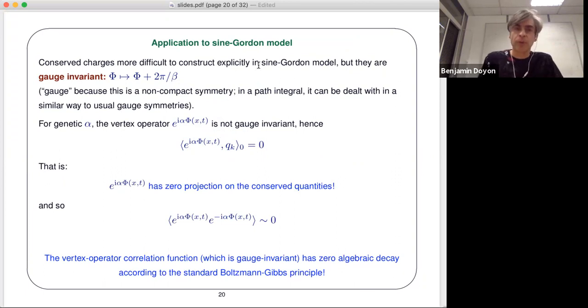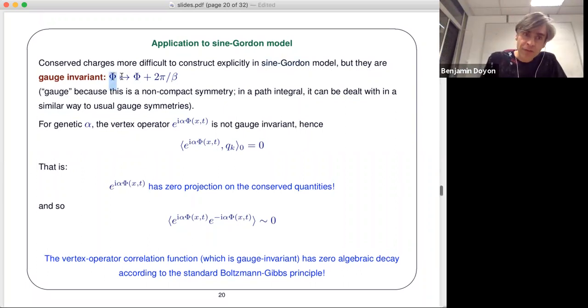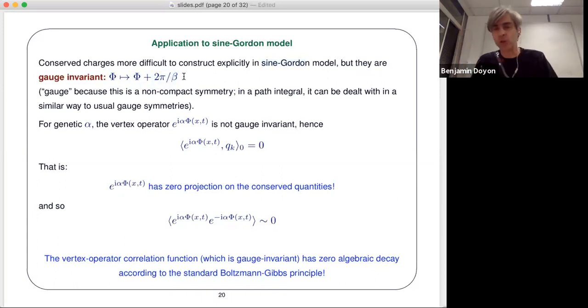Well, in the sine-Gordon model, there is some kind of gauge invariance. So there's a non-compact symmetry, where you add to the field phi a quantity 2 pi over beta, or n times 2 pi over beta, for any n in Z, any integer. So this is a non-compact symmetry, and that means that certain correlation functions are going to be 0.